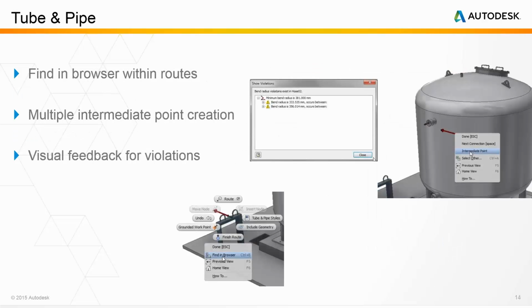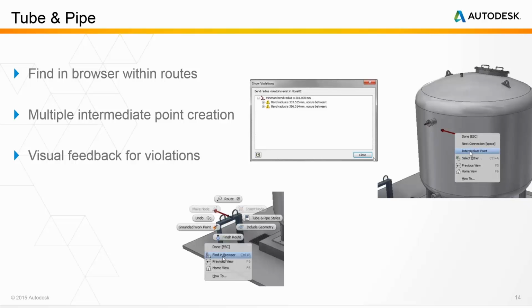If you use the tube and pipe component of Inventor, you'll now find that the in-browser context menu option is now enabled during route creation, and this is also available when placing flexible hose fittings. Likewise, when you're actually placing the flexible hose, you'll find that multiple intermediate point creation is available during that process rather than after the process.